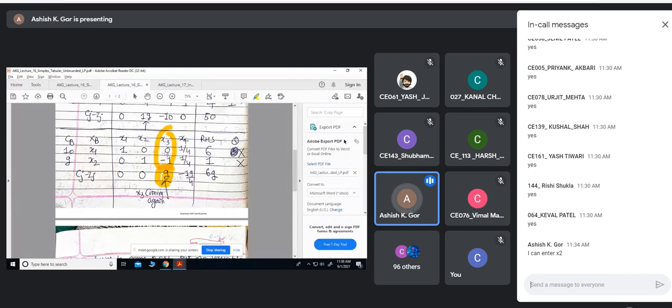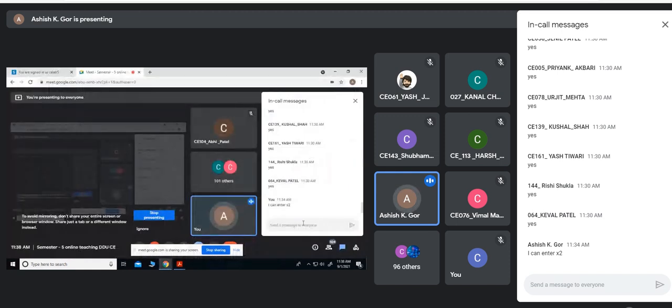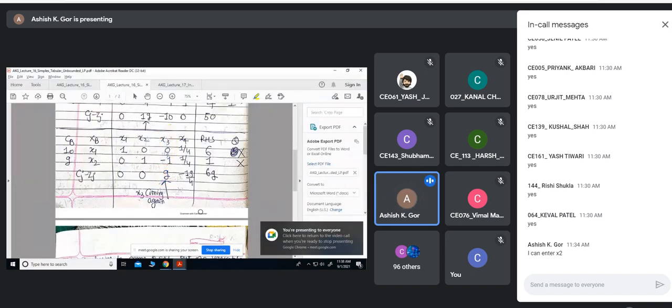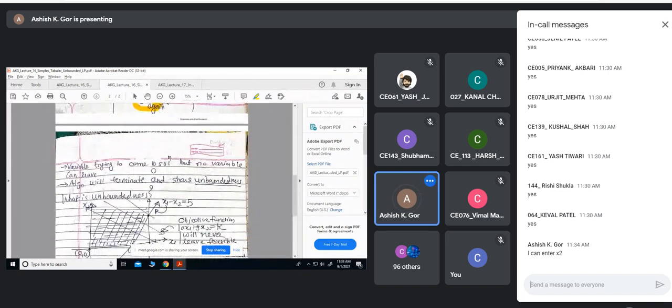So you find a key column, but there is no key row which can leave. x3 is coming again into the solution, but neither x1 can leave because there is no theta defined for it, nor x2 can leave. A variable is trying to come into the solution, but no variable can leave.